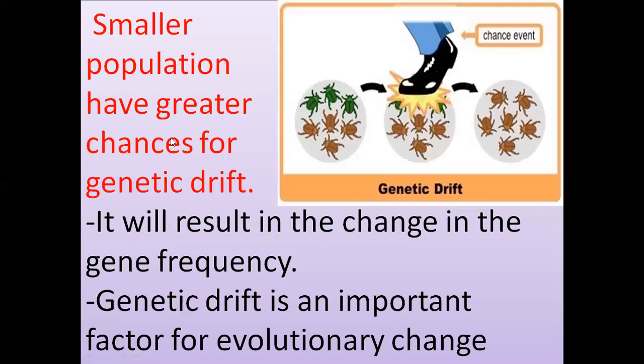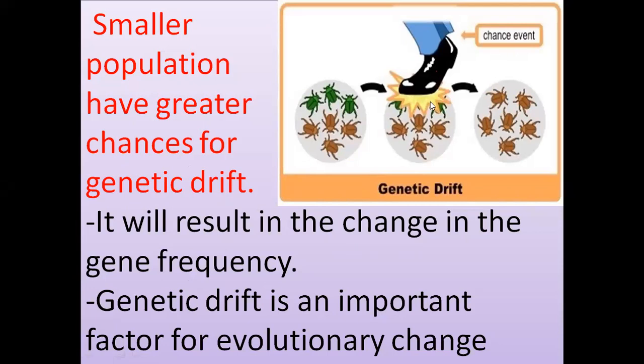Smaller populations have a greater chance for genetic drift. It will result in a change in the gene frequency. Genetic drift is an important factor for evolutionary changes. Here also in this diagram, in this slide, a chance event has been shown.